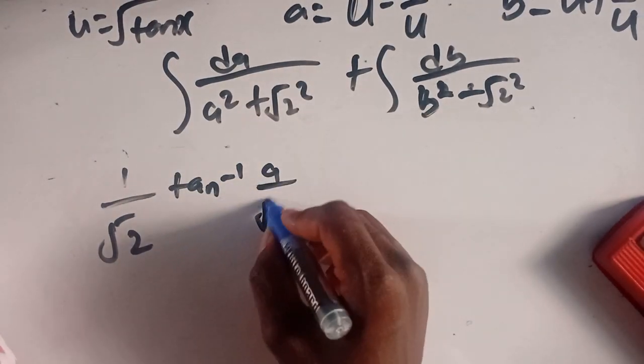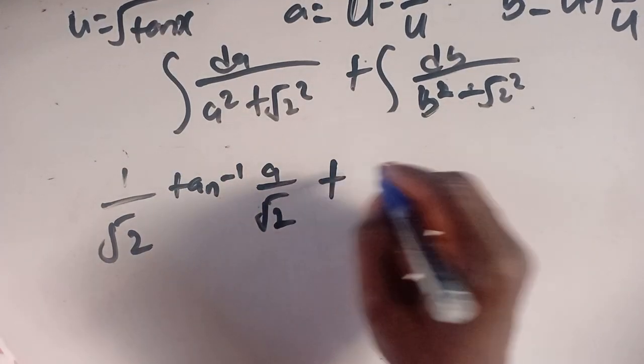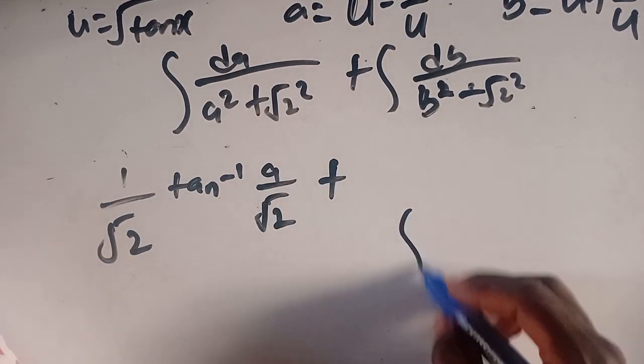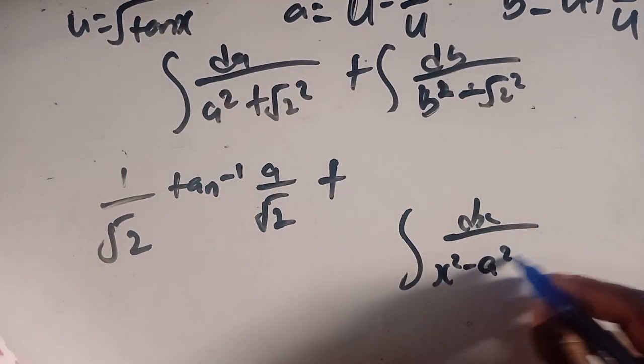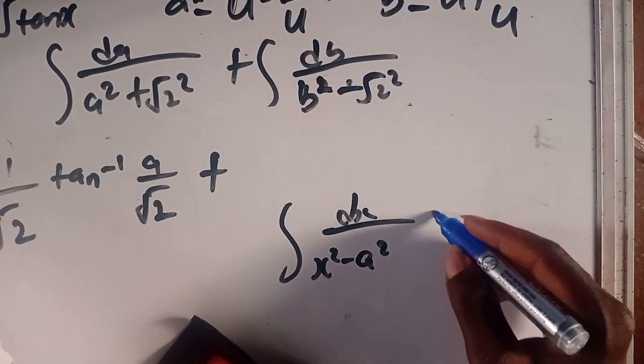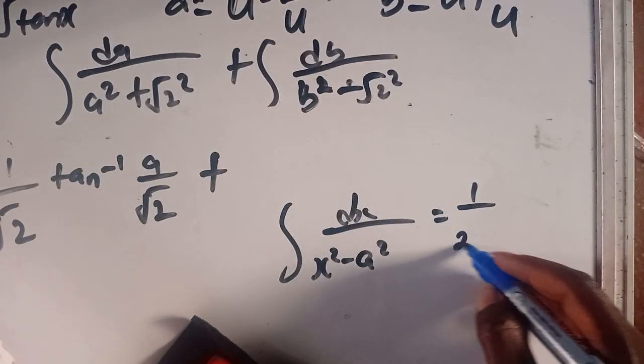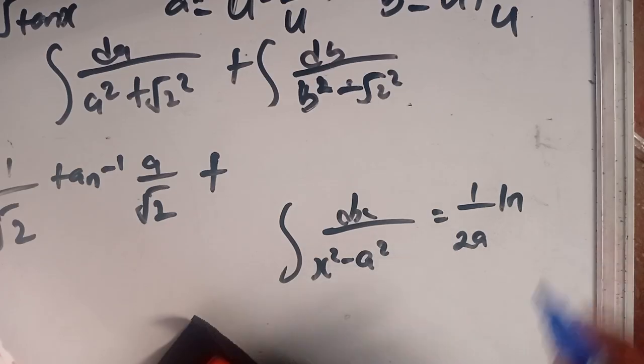A over root 2. Plus there is this one too that says integral of dx over x squared minus a squared equals 1 over 2a ln.